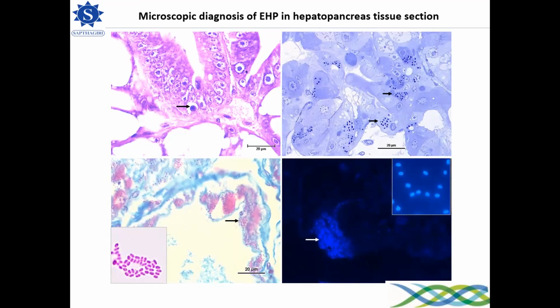Down one is the trichrome staining of the semi-thin section, which shows heavily EHP infected hepatopancreas cells.